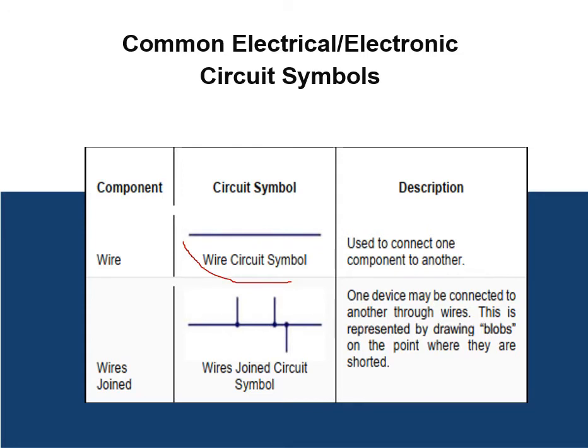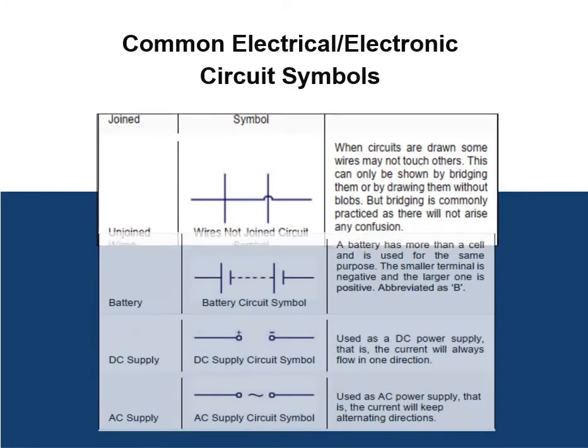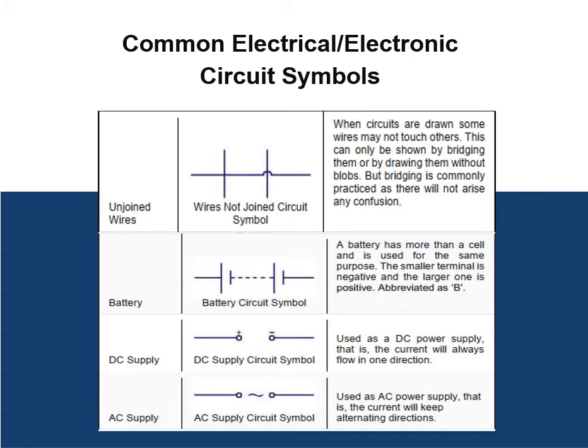One device may be connected to another through wires, and this is represented by drawing blobs on the point where they are shorted. Here are the nodes. And then we also have unjoined wires, not joined.